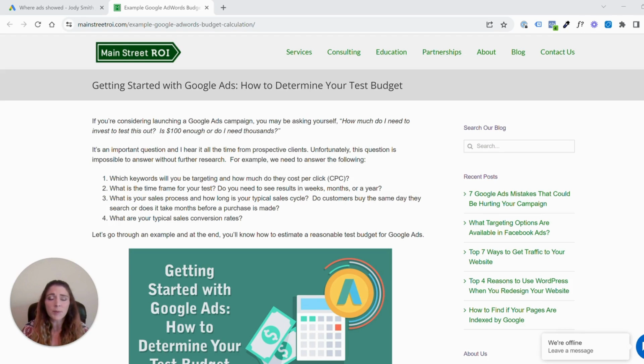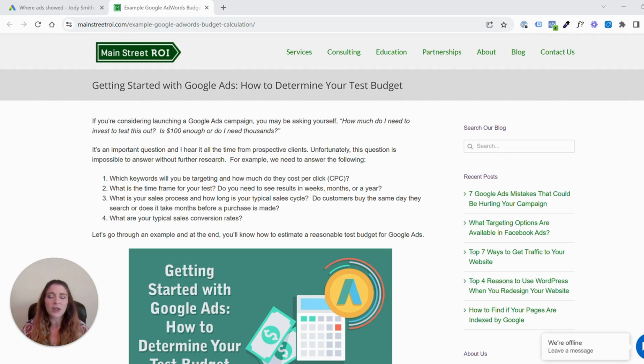Now those costs per click can go anywhere from $40 up to over $100, and that's per click. So you know it's not a one thing fits all type of scenario at all.